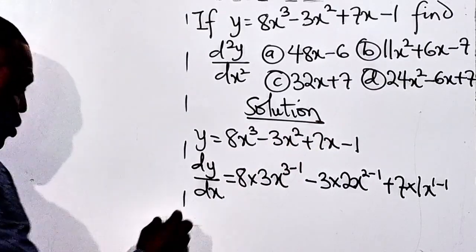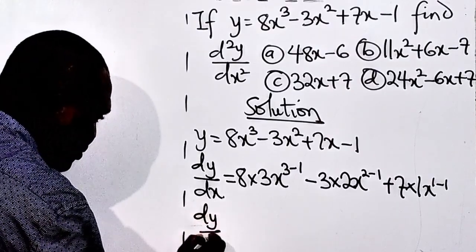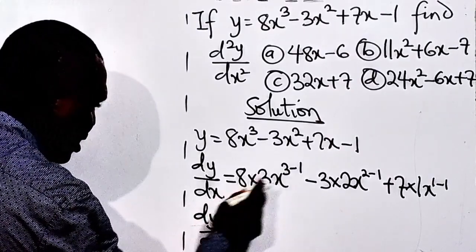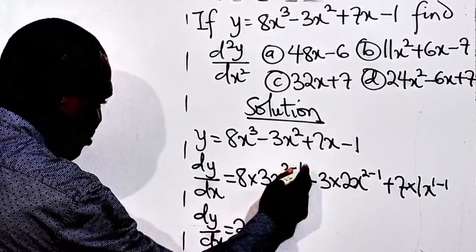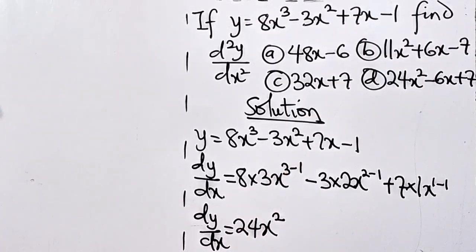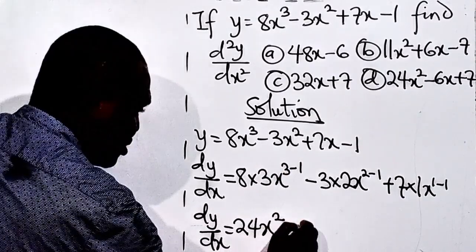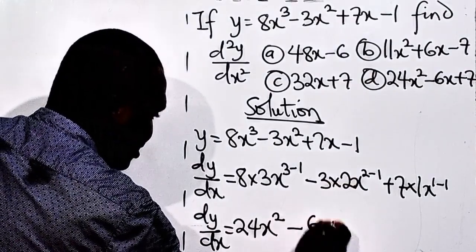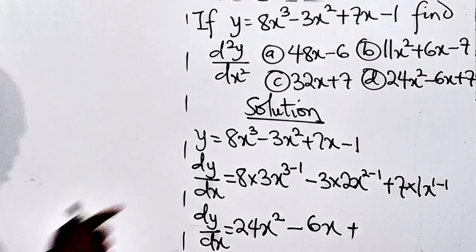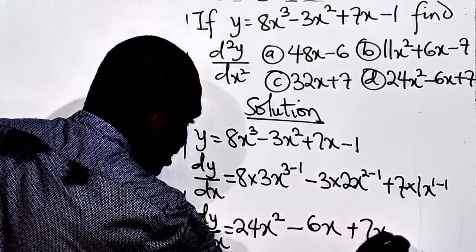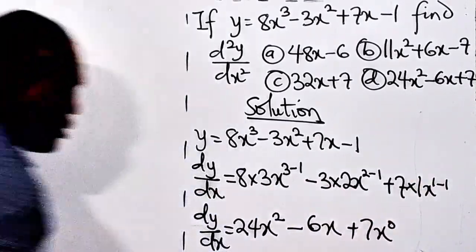So we are having dy/dx now is equal to 8 times 3 is 24. This is x. 3 minus 1 is 2. Are you following now? Minus 3 times 2 is 6. This x. 2 minus 1 is 1. Plus 7 times 1 is 7. x. 1 minus 1 is 0.